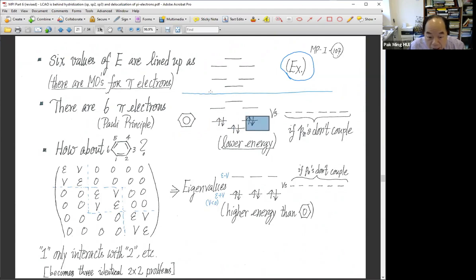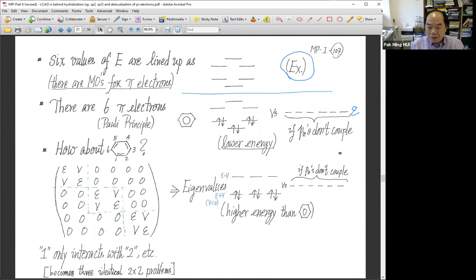The upper 3 are empty. Just like Howard asked, what if we ignore Hij? They will be uncoupled, and the 6 will all be at the atomic energy epsilon.